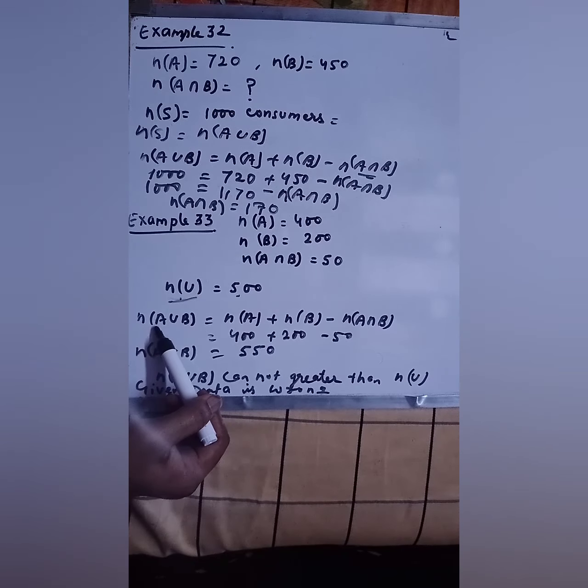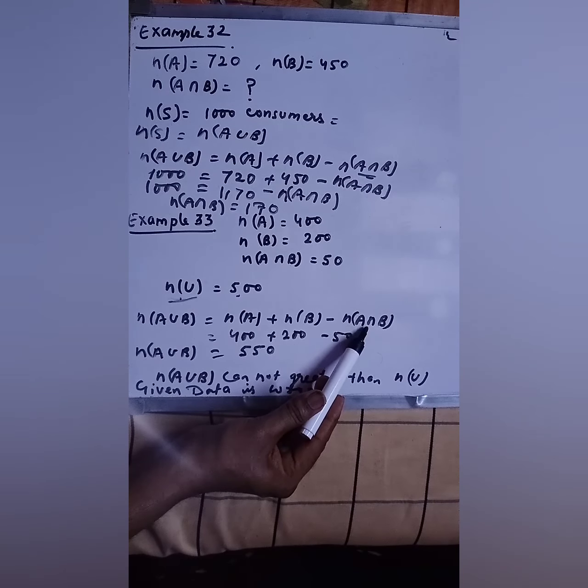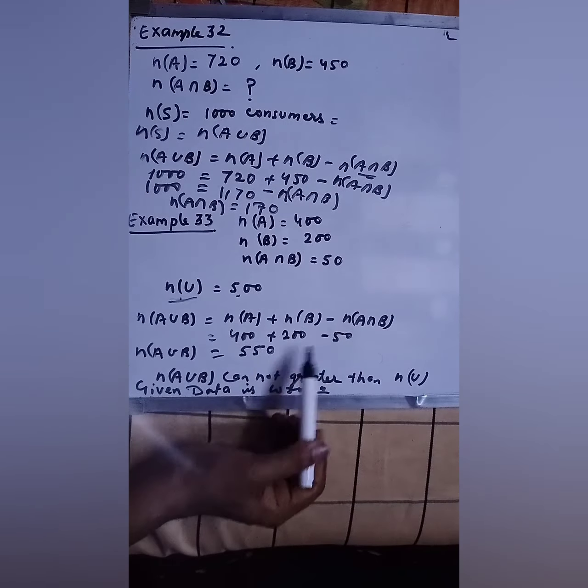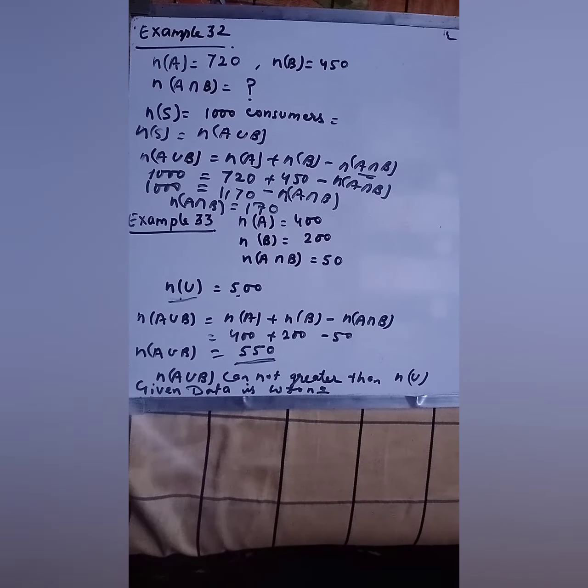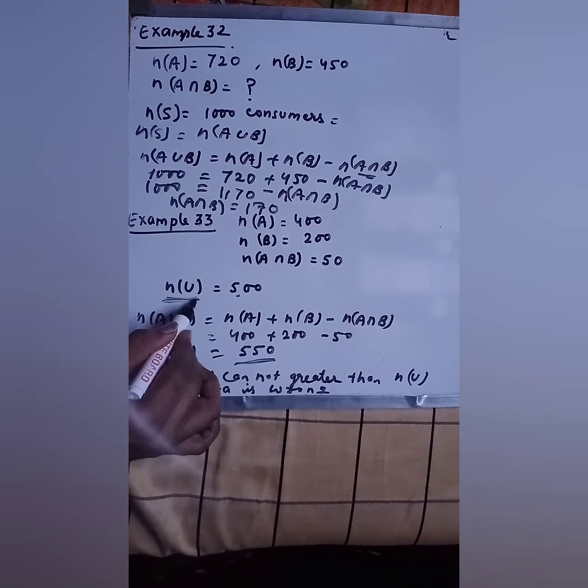So I'm just applying this formula. I'm putting the values and A union B is coming to 550. So remember that A union B can never be greater than the universal set. It may be equal to, but cannot be greater than the universal set.